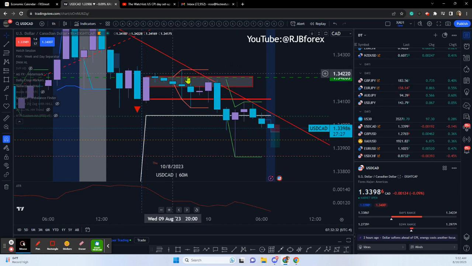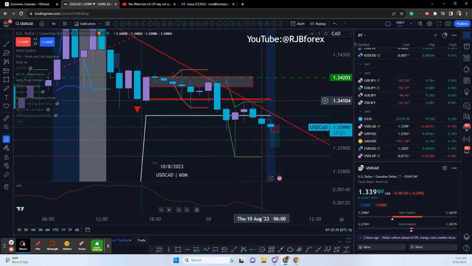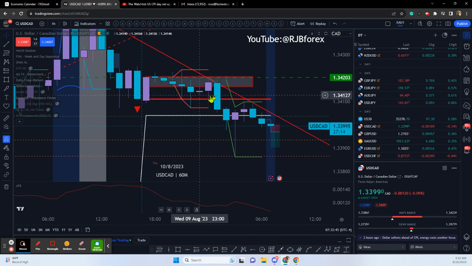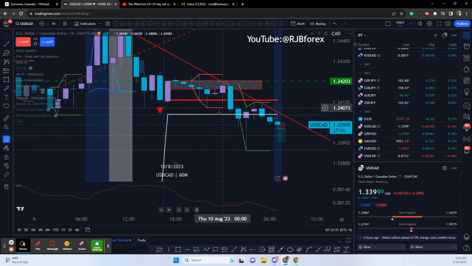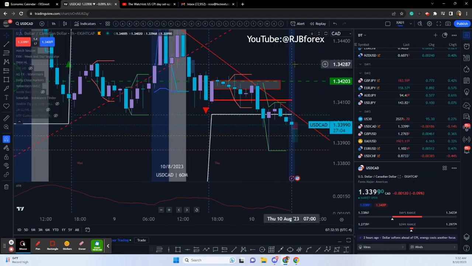So we've seen that the market has melted in Asia, melted in London, it's come up into the Asian lows and found resistance below. This red line here is the prior day's close. So there's volume here that the market has moved away from, and this indicates to me that we're in a downtrend, right?